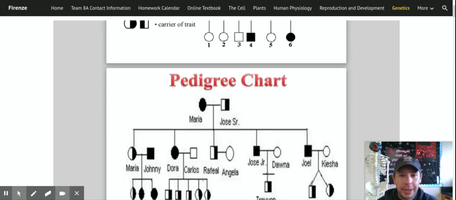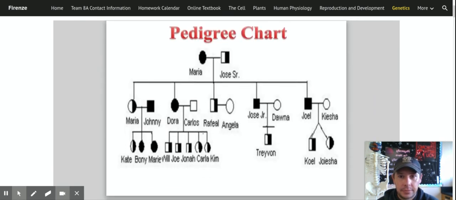Here's another example of a pedigree chart. Okay, here we have Maria and Jose Sr. For whatever this trait is, it doesn't matter. You can see Maria has the trait, and Jose Sr. is a carrier of the trait. Okay, so now Maria and Jose are first generation.